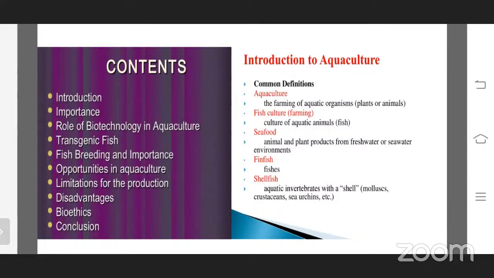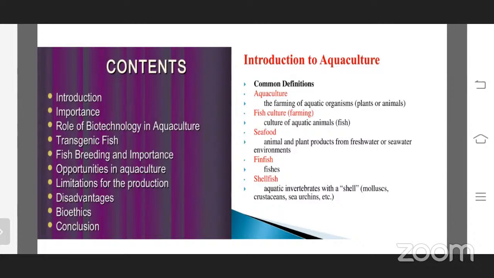Generally, there are two types of fish culture: finfishes and shellfishes. Finfishes belong to the vertebrate phylum, and these are the true fishes which have fins for locomotion. The fins are found on their body as locomotory organs, which is why they are known as finfishes.